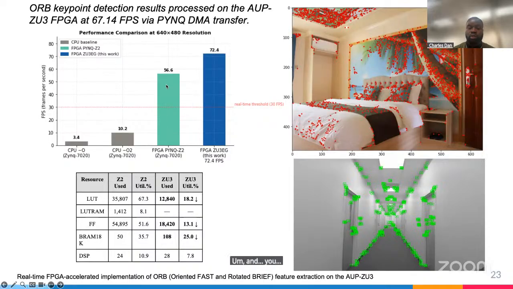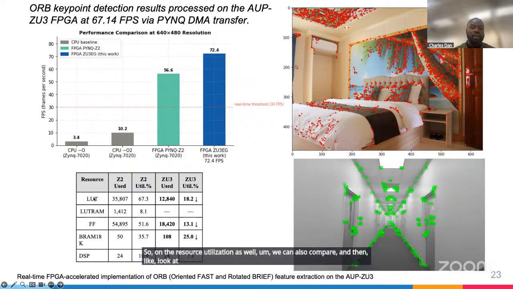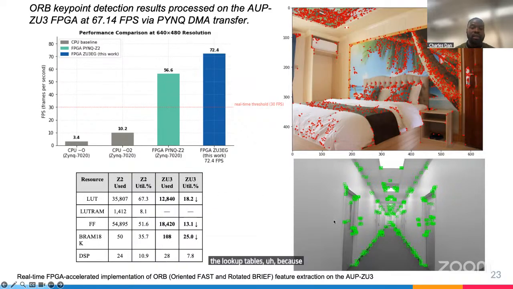And we can just Google it and see the performance of the PYNQ-Z2 because it's just like a repo. On the resource utilization as well, we can also compare and look at the lookup tables because they are very important.